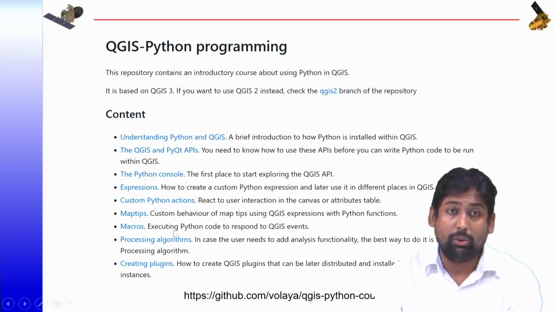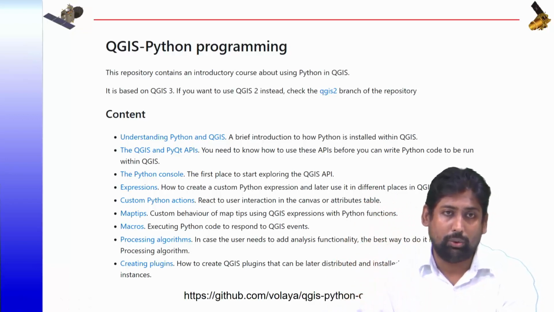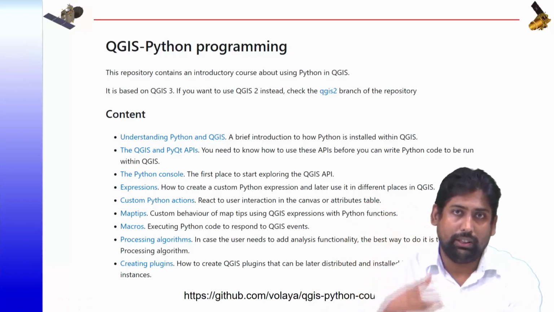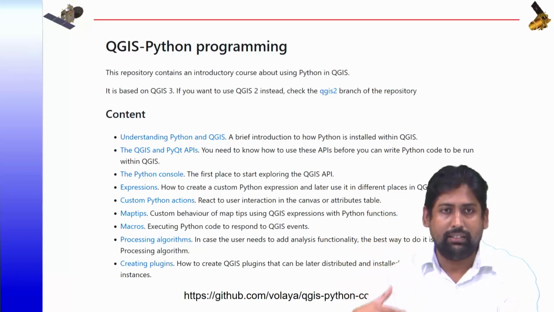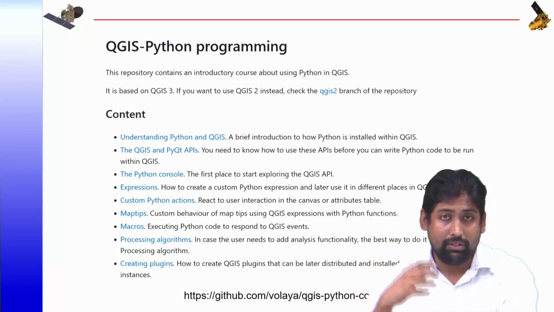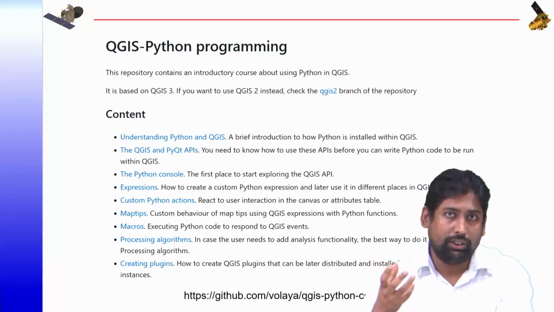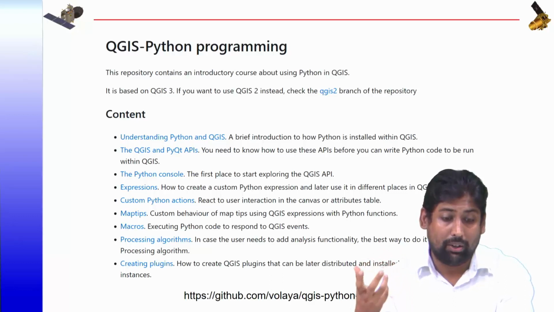How to write macros. When you are opening a project, you want some background checks to happen. When you are saving the project, you want to ensure that it is meeting certain rules. So those kinds of operations on opening, on closing, on saving, that you want to automatically perform, are macros.